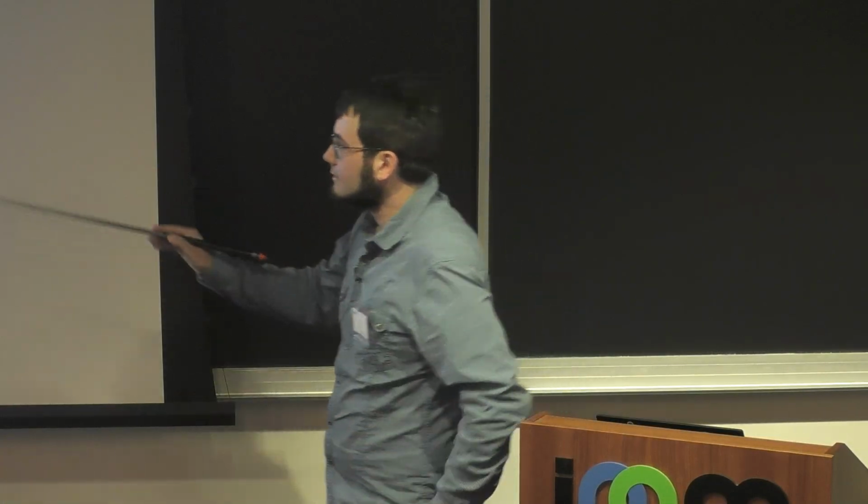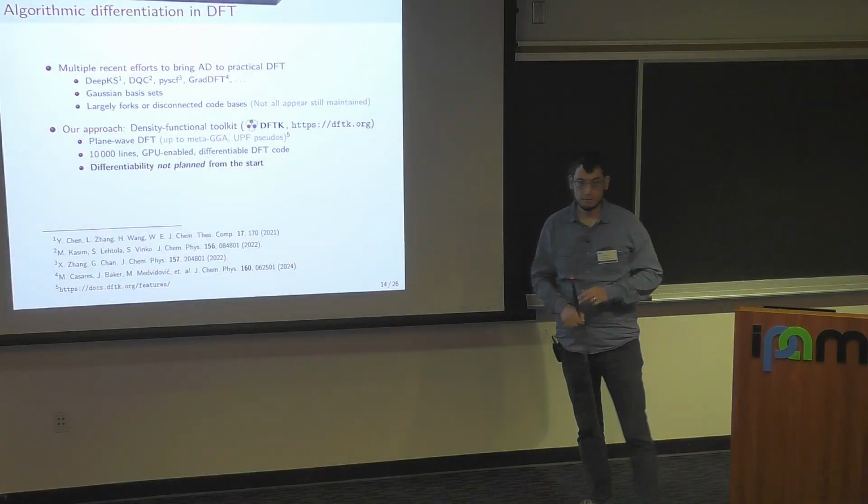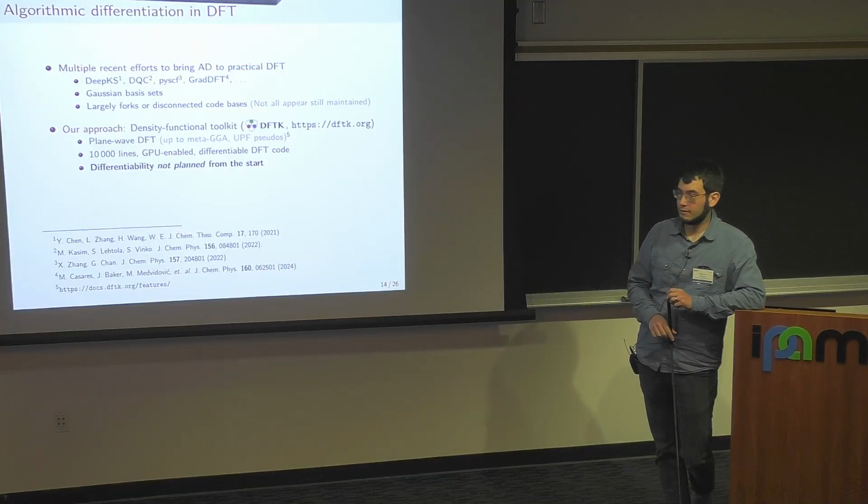Basically, these codes here use Gaussians. Gaussians have the advantage that the sizes of your matrices and linear algebra representations of your problems are small compared to plane waves. Therefore, Gaussians were much easier to also push through with algorithmic differentiation, where it turns out that memory is often something that you have to be very careful with.